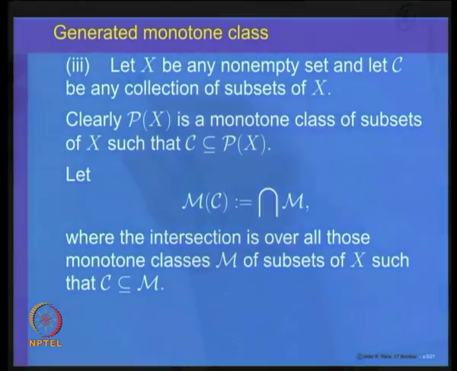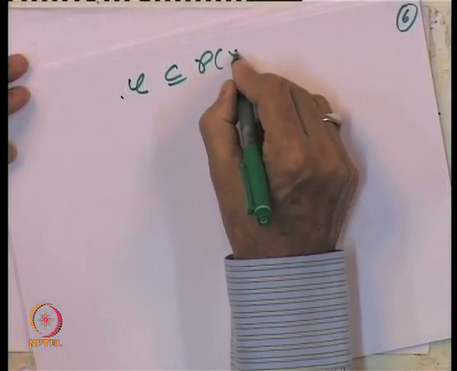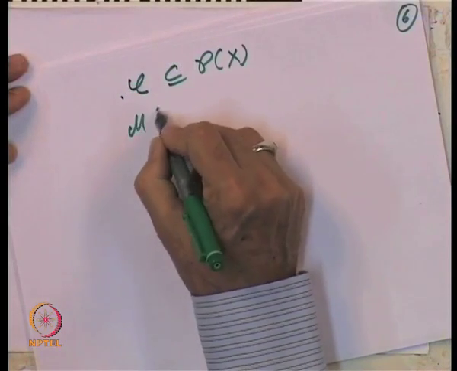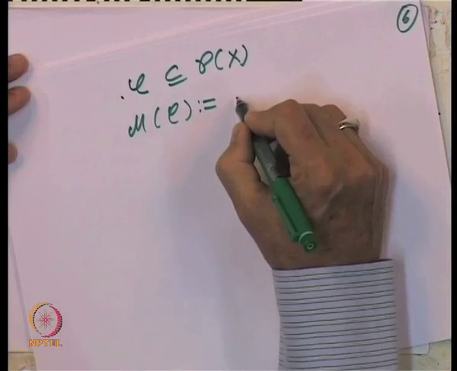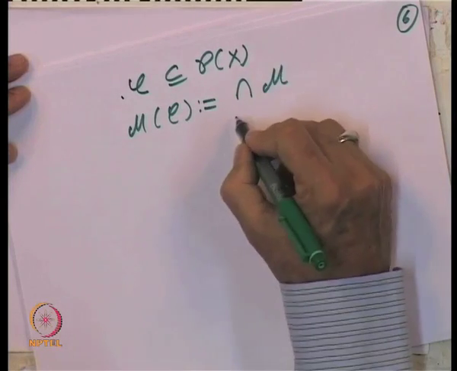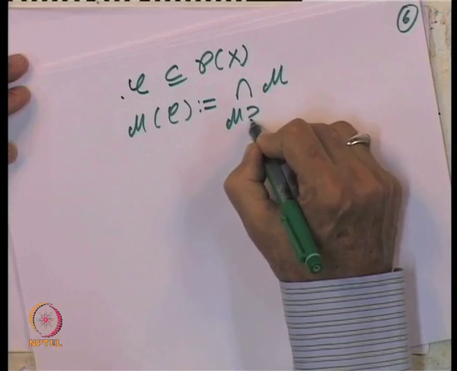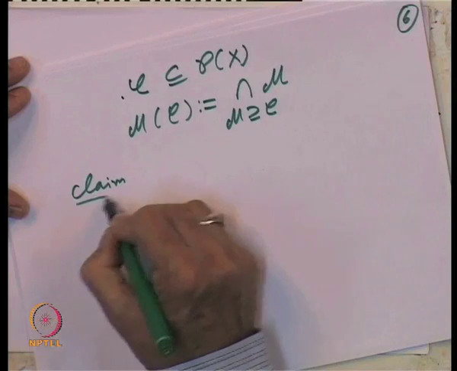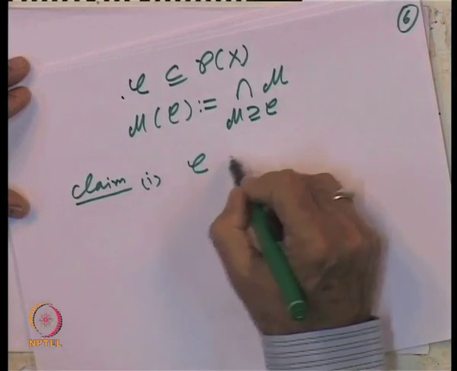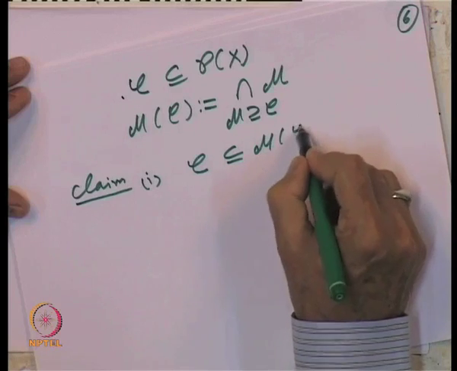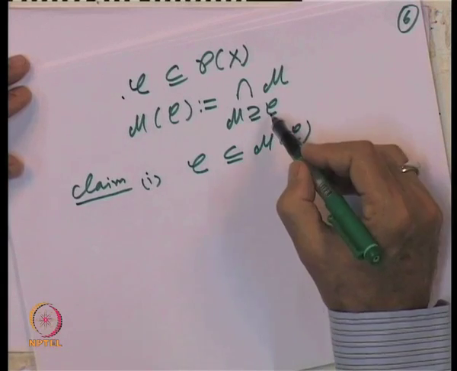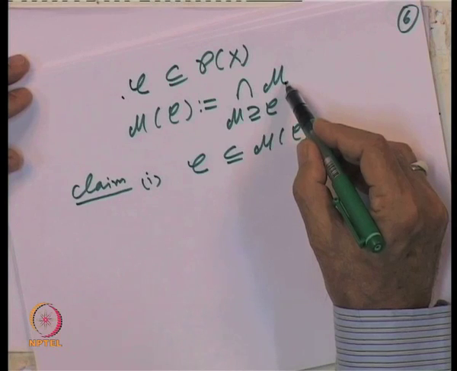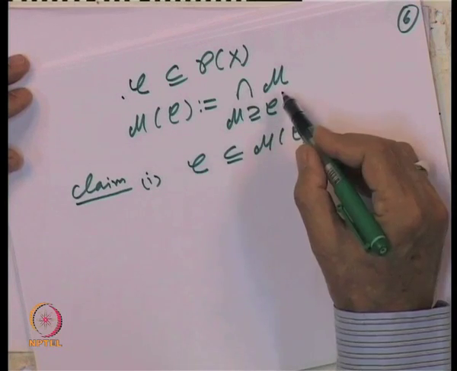So, C is any collection of subsets of set X, and M of C is the intersection of all monotone classes M including C. Claim 1: C is inside M of C. That is obvious, because C is inside every collection M and M of C is the intersection.